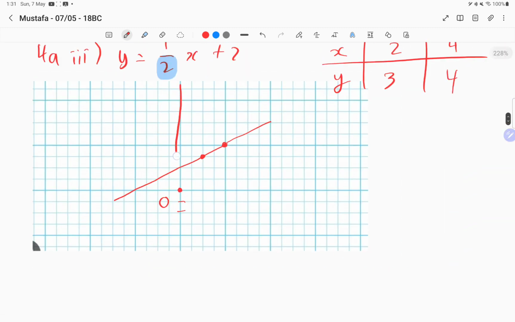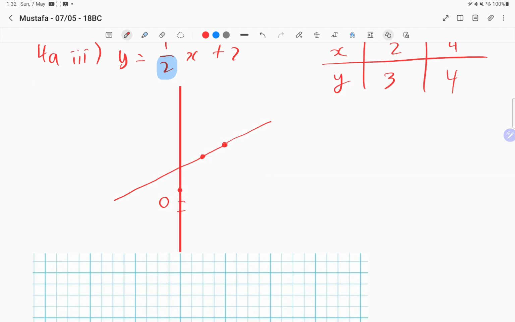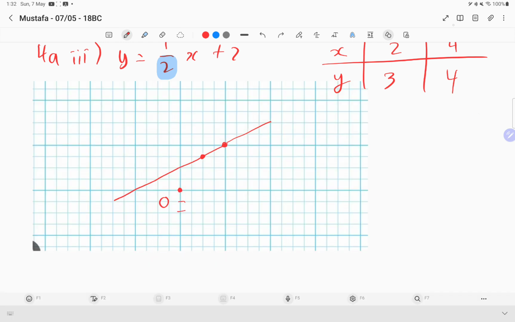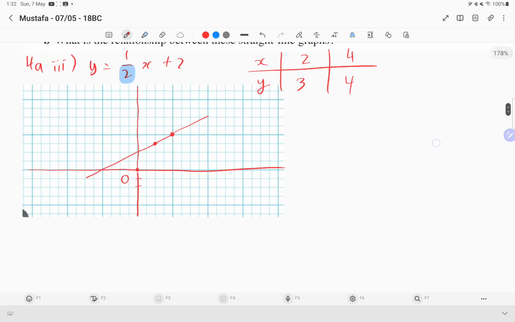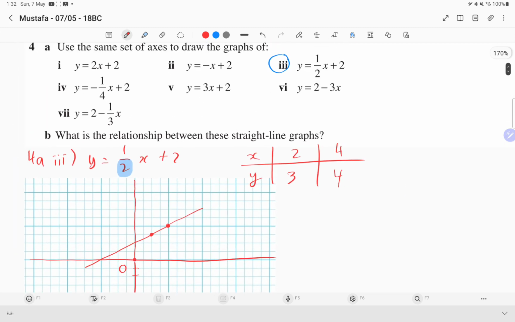Right, and then let's draw in the axes. Roughly like so.